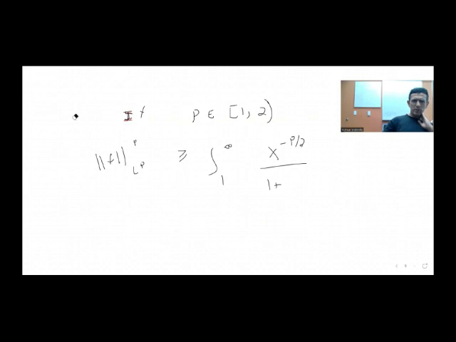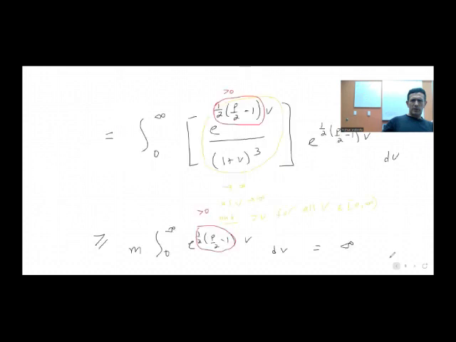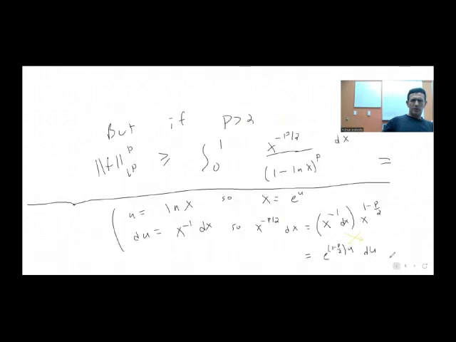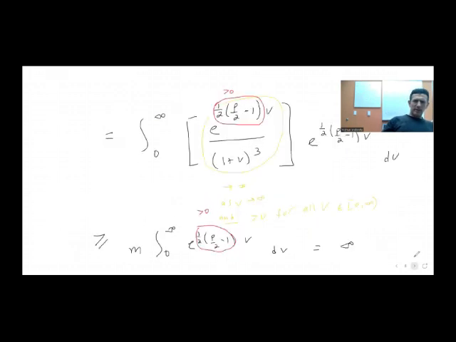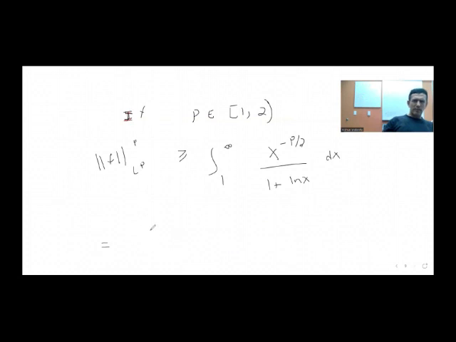Basically the same substitution, so it's going to go from 0 to infinity. I'm not going to go through all these details, but u is ln of x. When x is 1, u is 0, and when x is infinity, u is infinity. So it's basically the same thing.